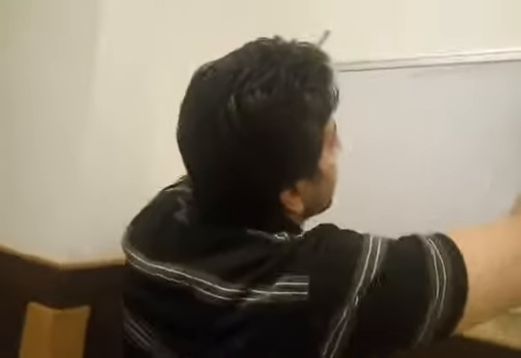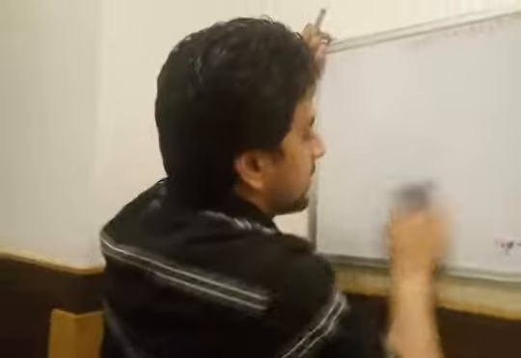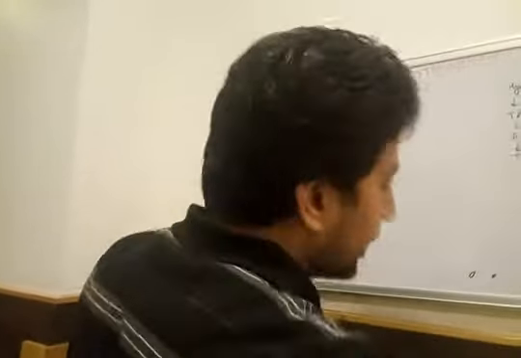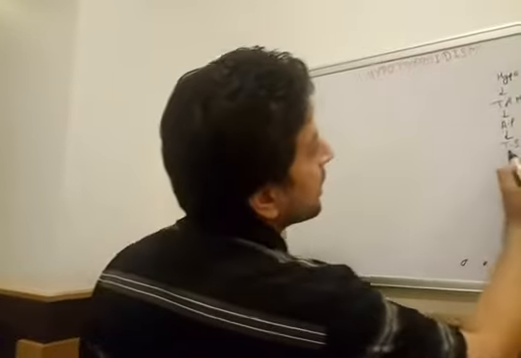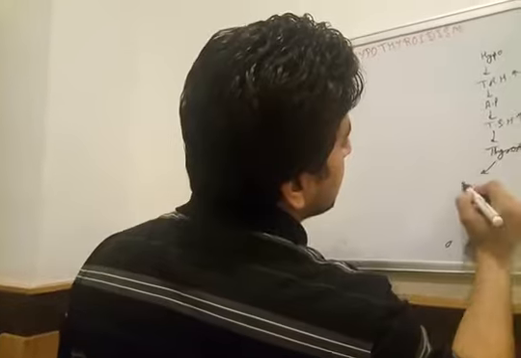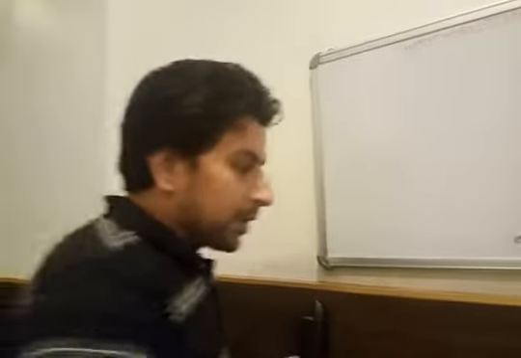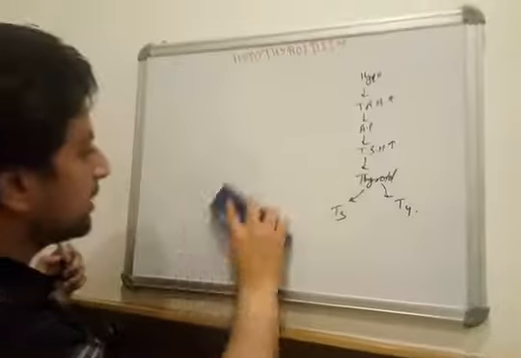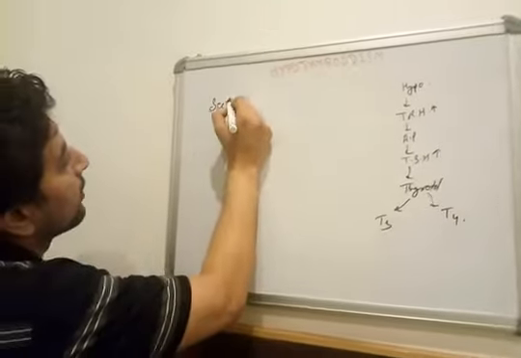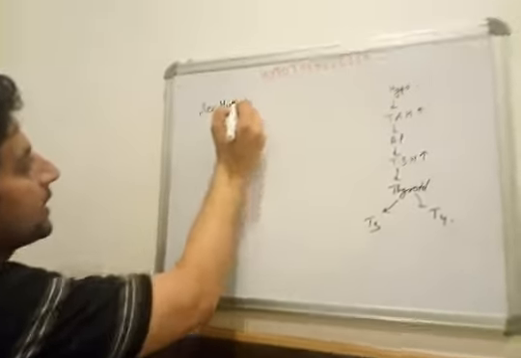What is secondary and what is tertiary hypothyroidism, my dear friends? I already told. Okay, here I am going to draw again. TSH, thyroid gland, and then it releases T3 and T4. So in secondary hypothyroidism, what is going to happen?